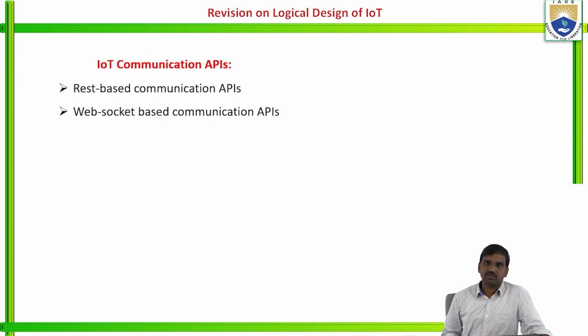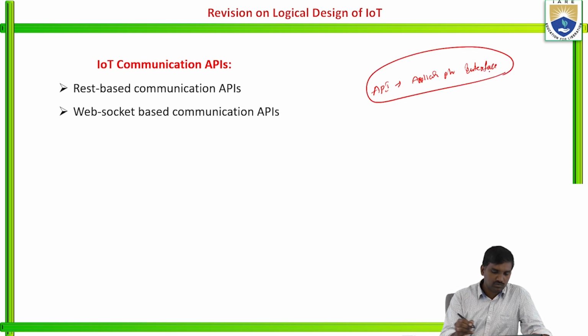Next, after the communication models, we go to communication APIs. Here a very important term is API, application programming interface.